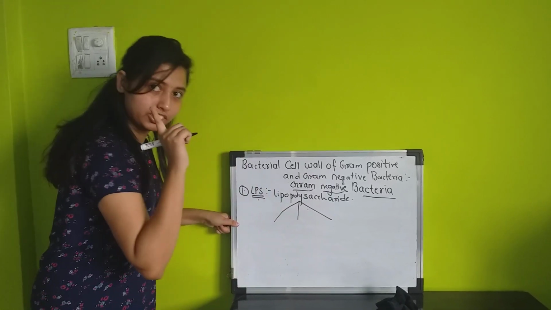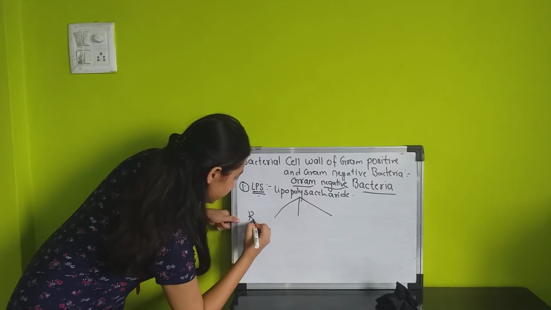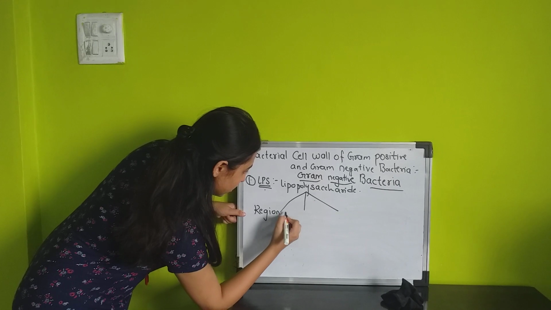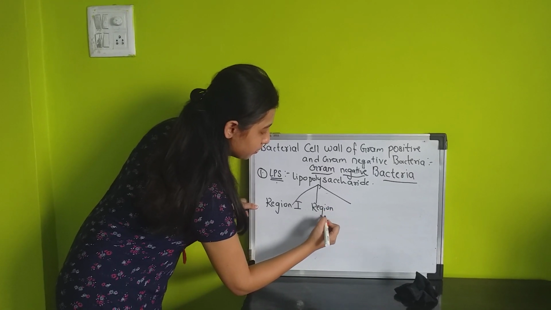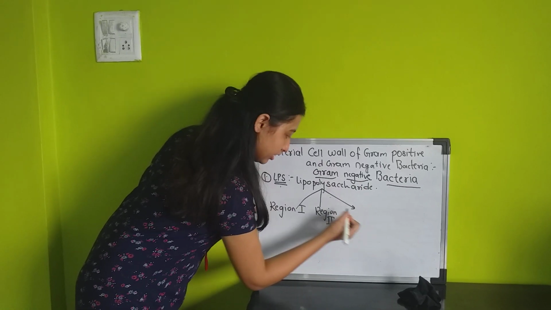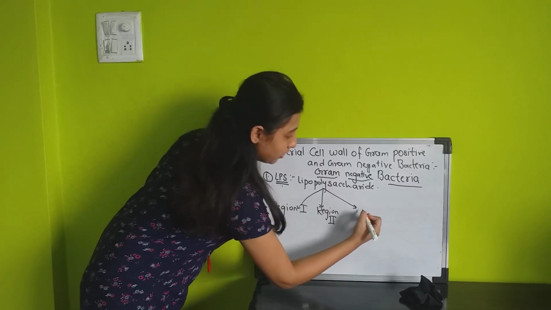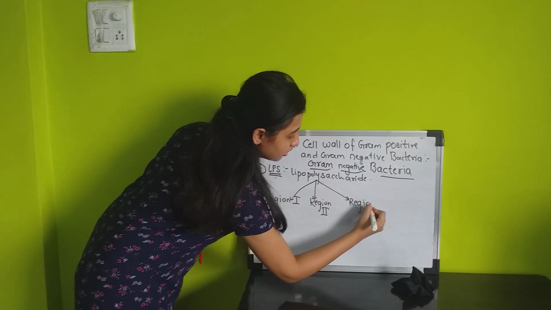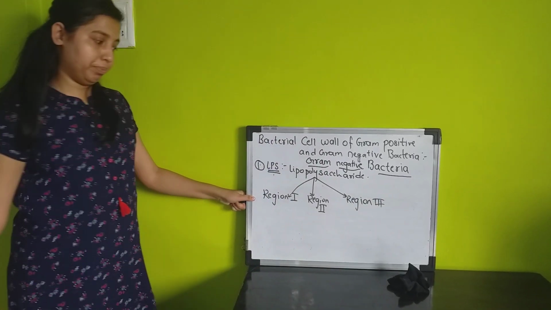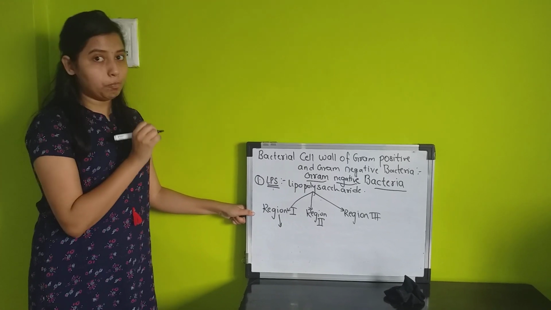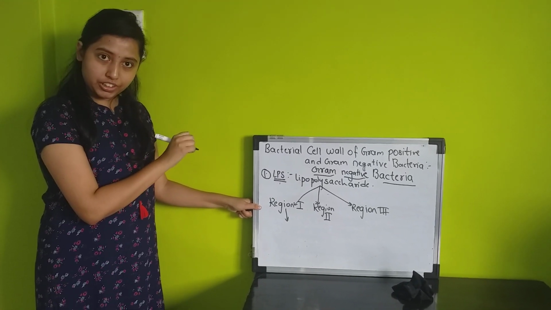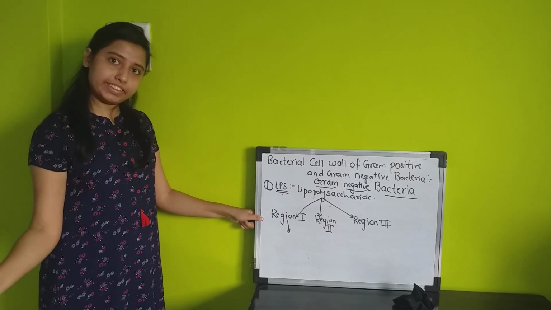First is region 1, second is region 2, and third is region 3. Now, region 1 is O polysaccharide, which accounts for O antigen specificity.